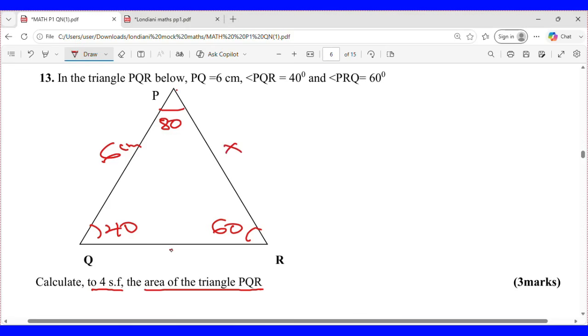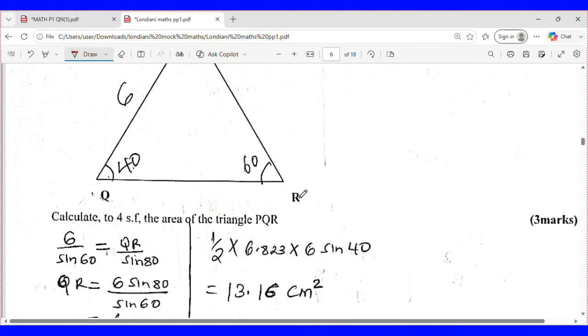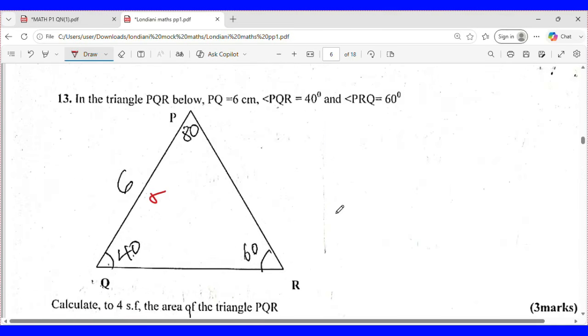We can get this side using the sine rule and the cosine rule. These are the two things we need to apply. So using the sine rule, if this is R, this is small r, this one is small p, and this one is small q.